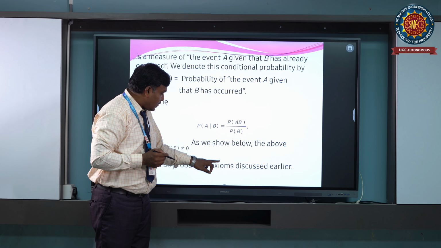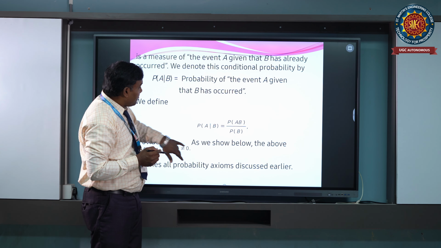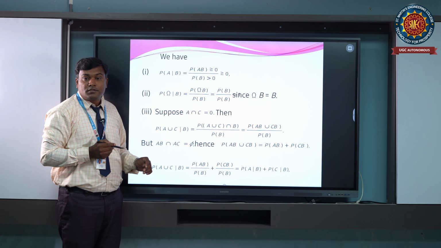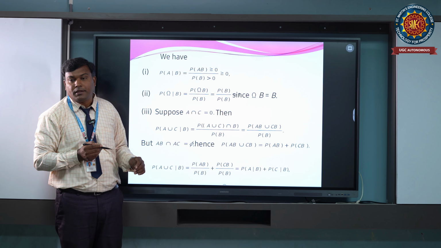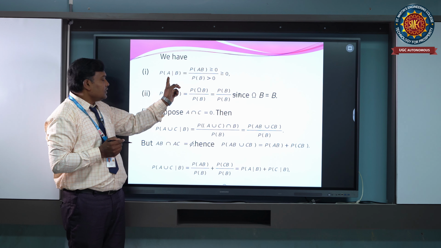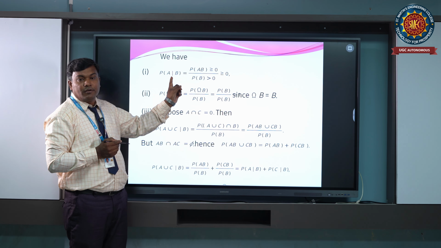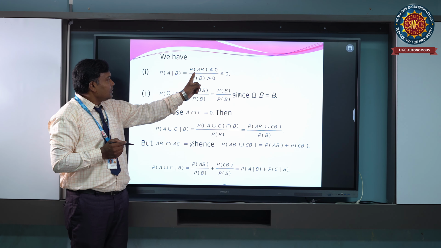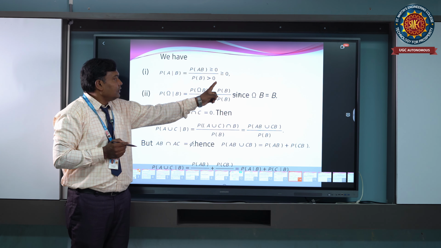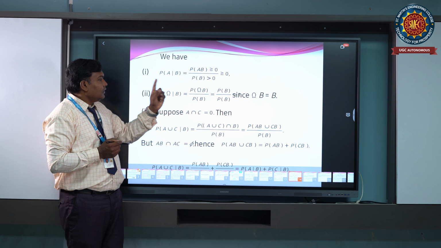Conditional probability also has properties, or axioms, like basic probability. For the probability of A given B, A is one event and B is another. The probability of AB is greater than 0 and the probability of B is greater than 0.